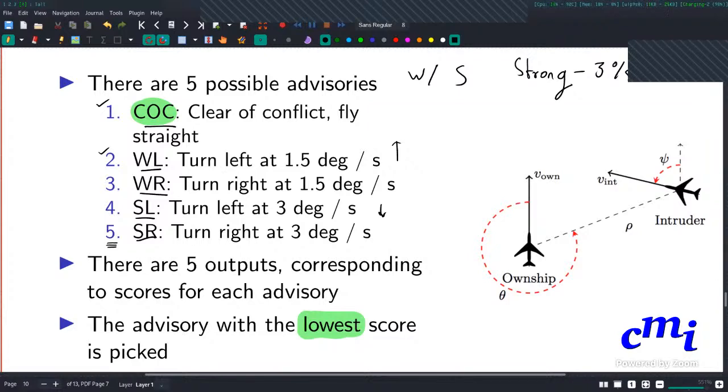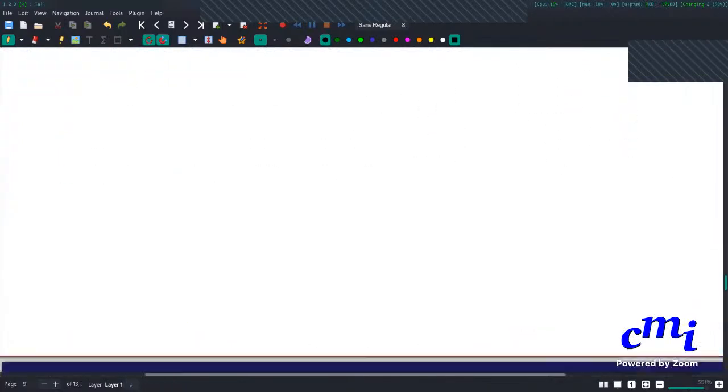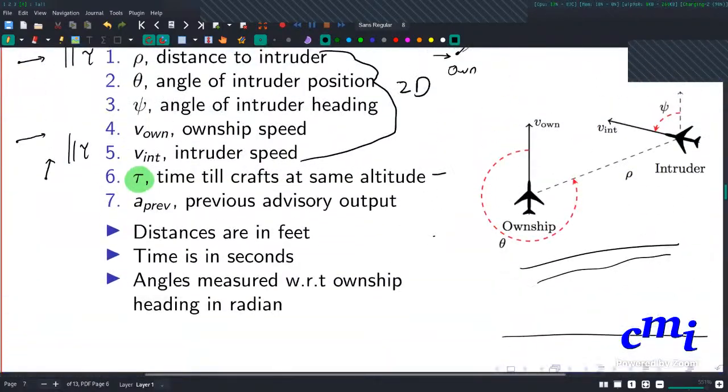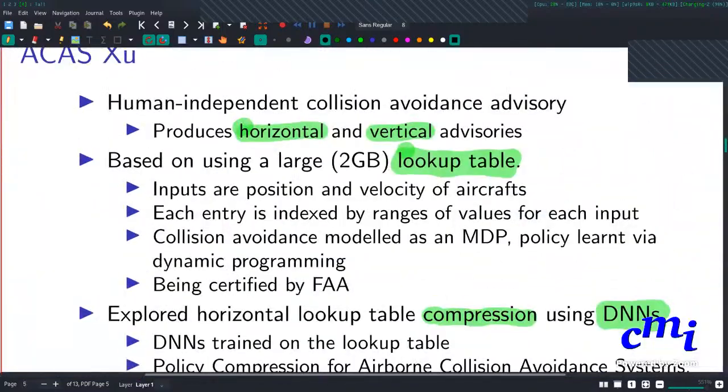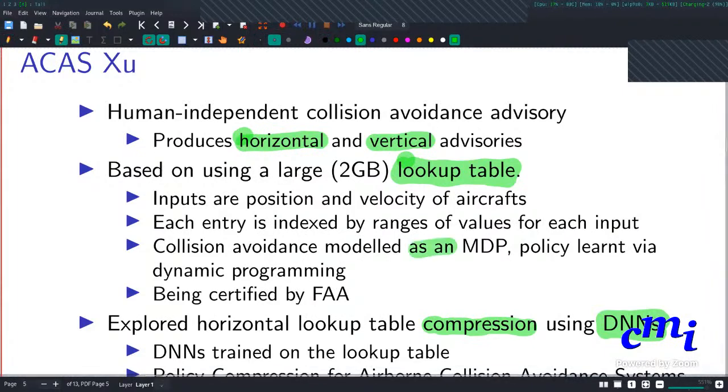And in fact, these actual reward values, people usually tweak them via various techniques when doing the training. If you remember, the original ACAS system, the non-DNN lookup table system, was trained by modeling an MDP and then doing dynamic programming on that.